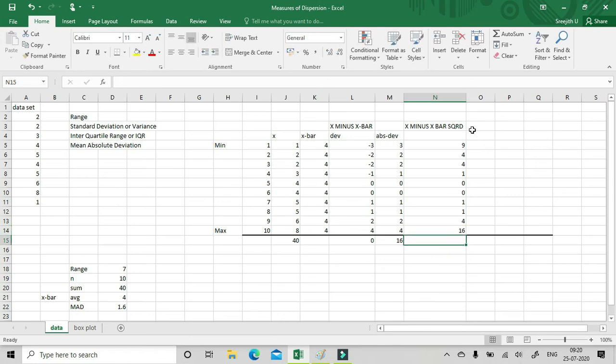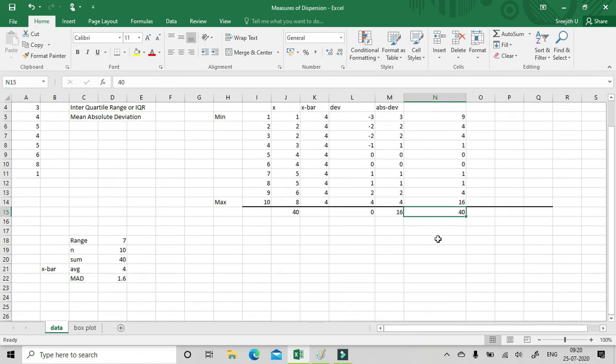Let's try to find the sum. 9 plus 8 is 17, 17 plus 1 is 18, 19, 20, 24, 24 plus 16 is 40. So the sum of x minus x bar whole squared is 40.